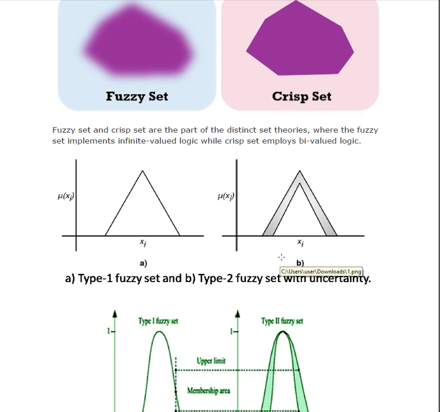So when we talk about a type 2 fuzzy set, actually it is a generalized standard of a type 1 fuzzy set, where most of the uncertainty exists, and that uncertainty is handled in the case of a type 2 fuzzy set. Because from the very beginning, there were a lot of criticisms of the type 1 fuzzy set about uncertainty with respect to the membership functions.